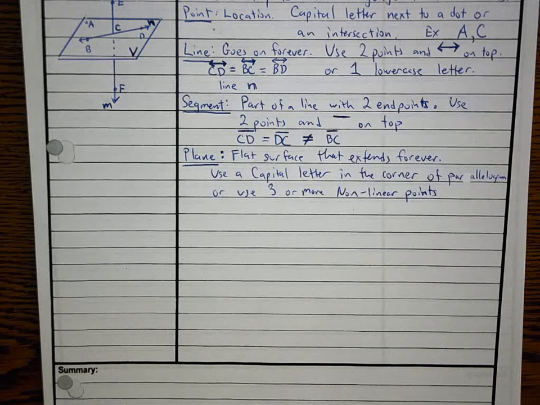So a plane, instead of us talking about lines and segments, now we're talking about a flat surface. Think of the ceiling as a plane, except the ceiling is this flat surface, but it has endpoints. It stops when it meets this wall or that wall or that wall.